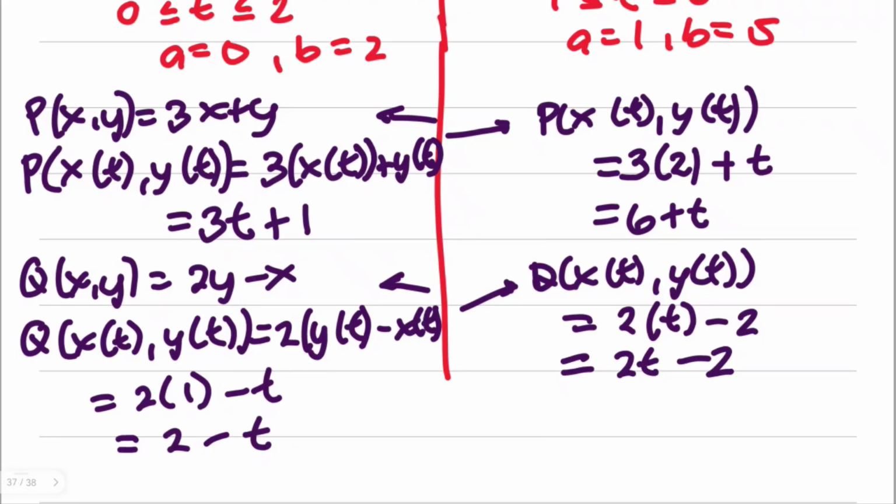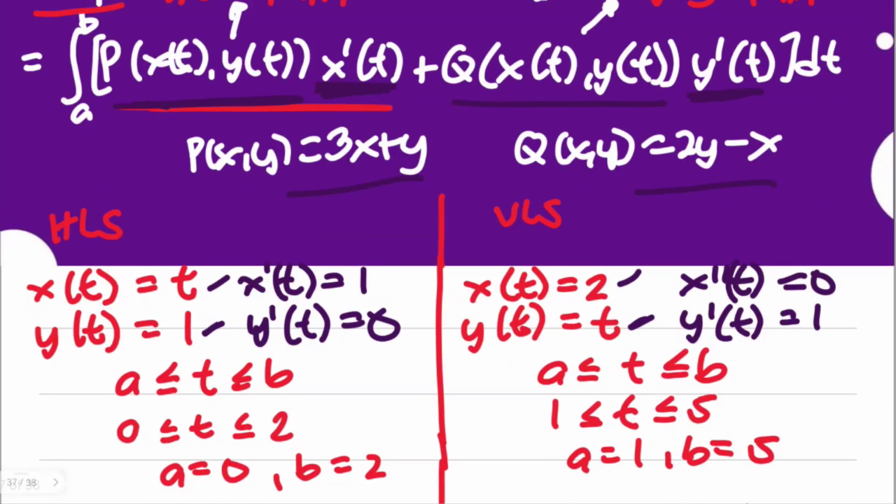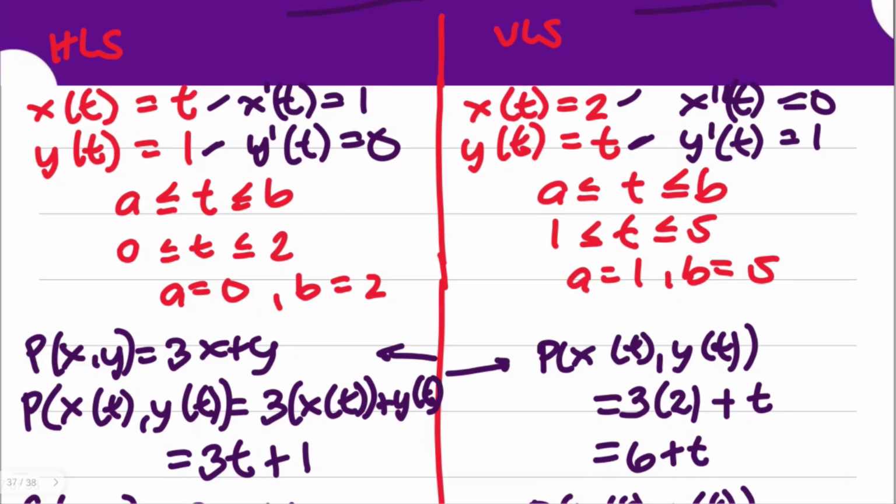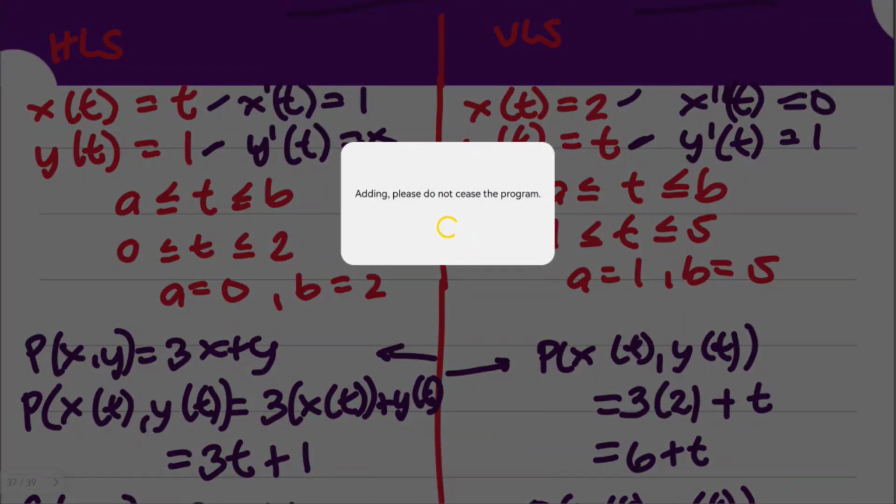Alright, now we have all the details needed for this specific formula. So what we need to do here is simply use them in our formula. So allow me to add another page here, but first let me copy and add another page. I'll be placing them here.